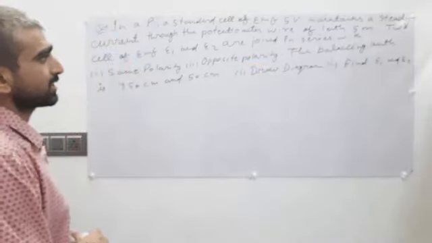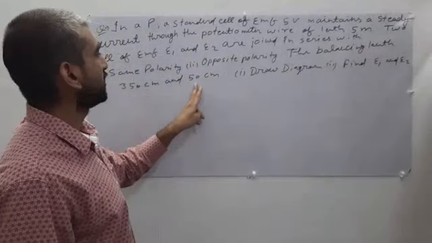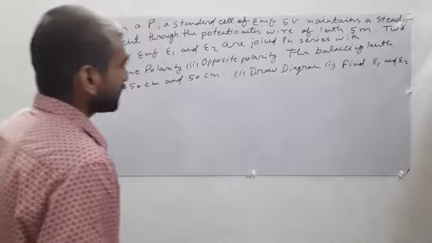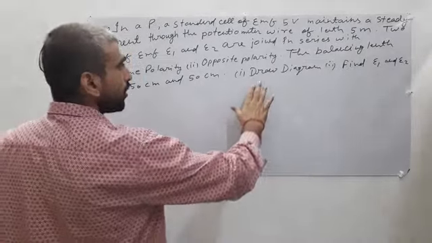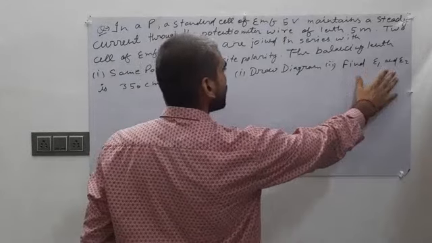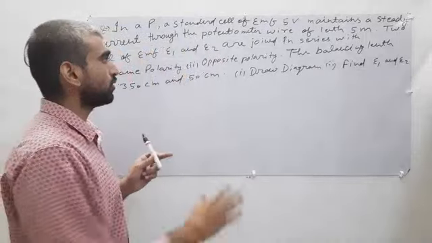The balancing length is 350 centimeter in the first case and 50 centimeter in the second. First draw the diagram of the circuit, and second find the EMF of the two cells. This is your question.